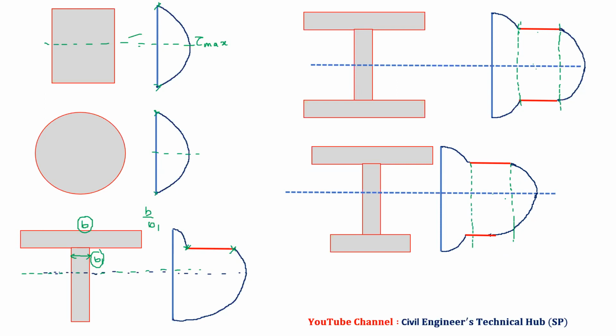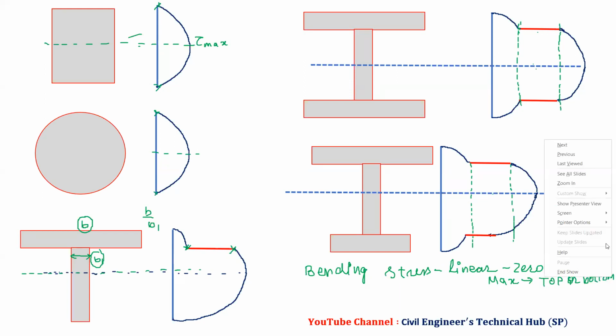So again, the bending stress diagram is linear: 0 at the neutral axis, maximum at top or bottom.